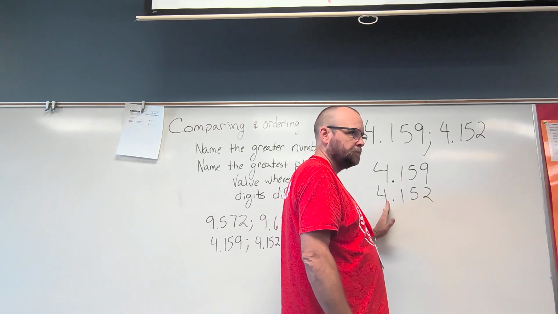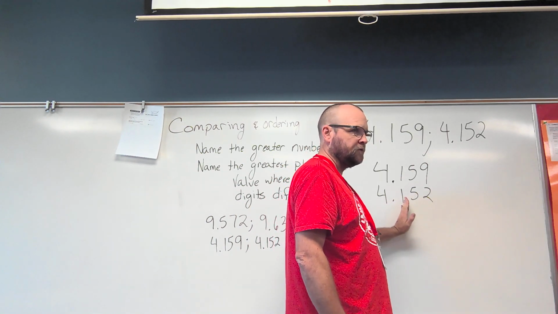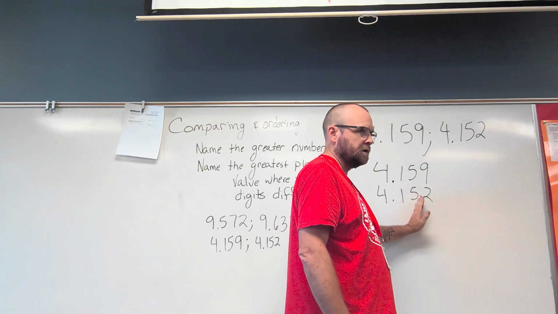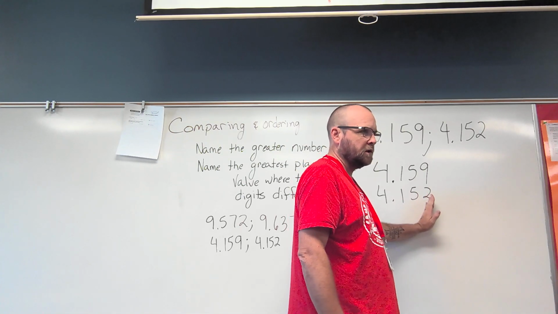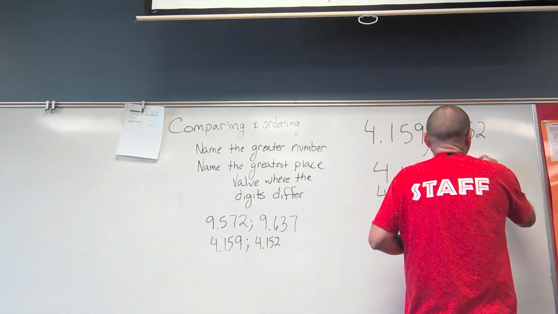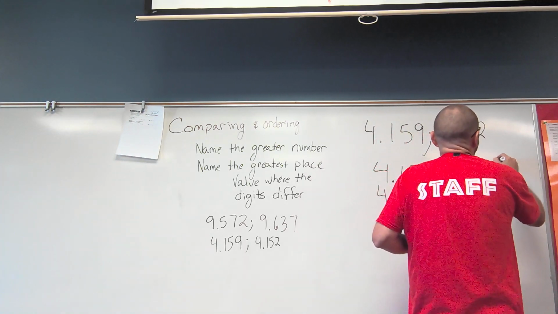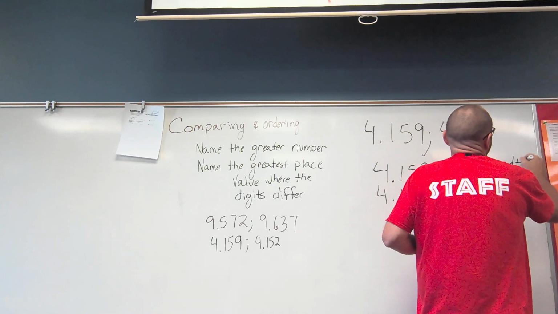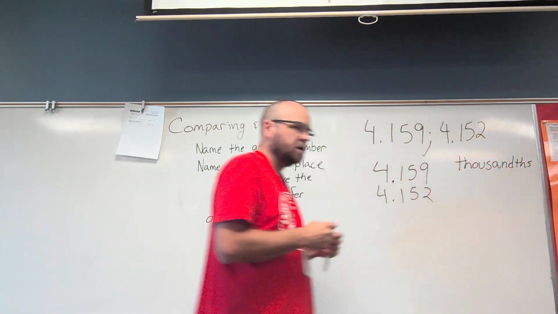Ones are the same. Tenths, are they different? Hundredths, are they different? Thousandths, are they different? So that's the place value where they first differ. So thousandths. Thousandths is the first place they differ.